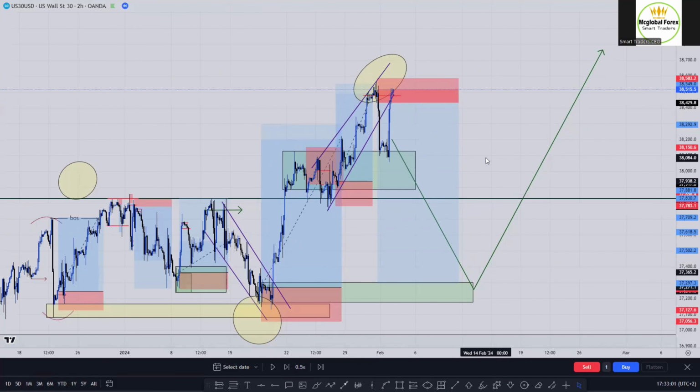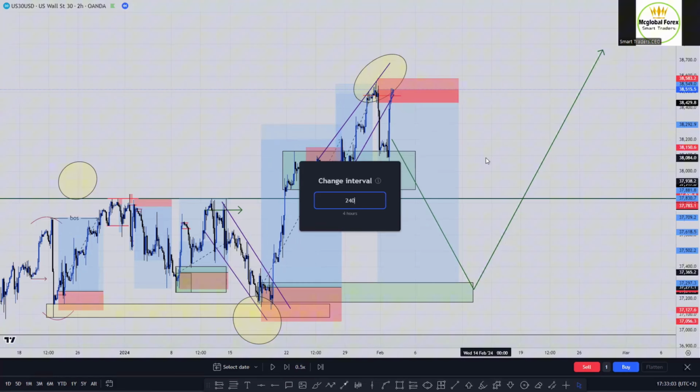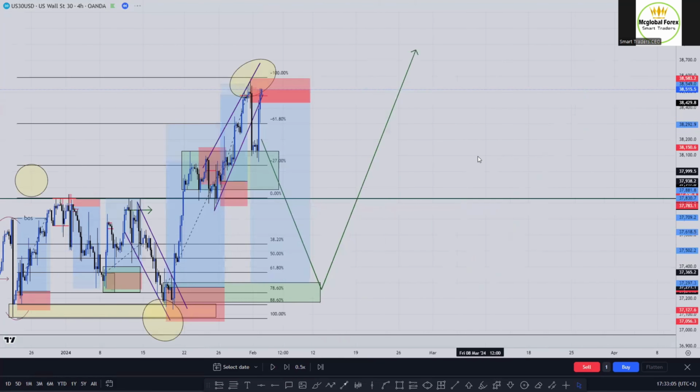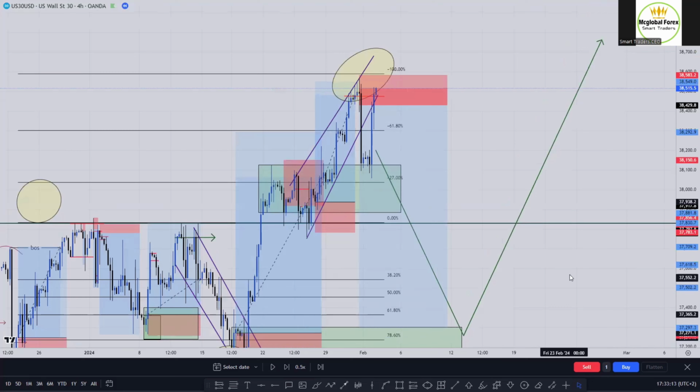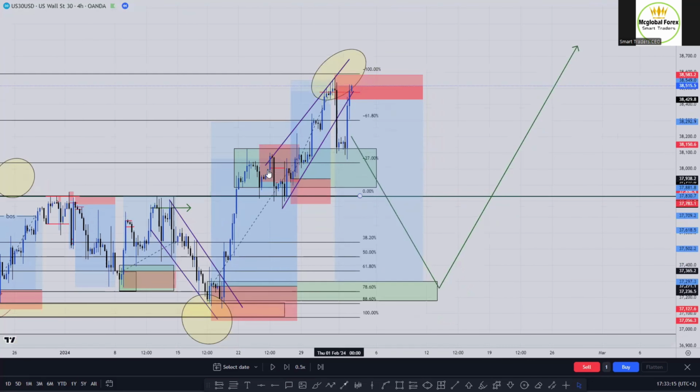Right. So if you check here, let me go back to the 4 hour time frame. On the 4 hour time frame, look at this now. We have this mini structure which they created here, whereby they had a certain leg, then they started to drop. So here they're also being restricted with this.